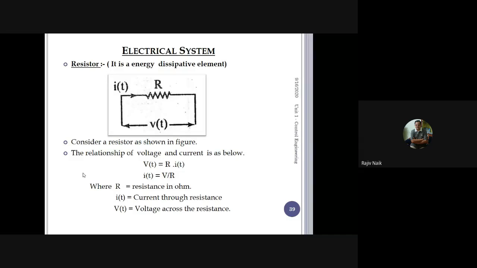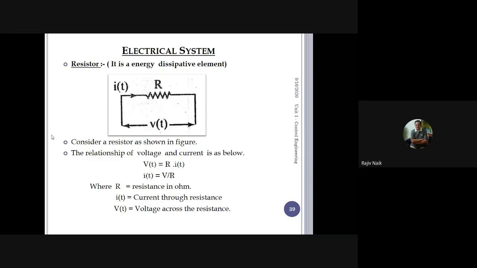So instead of Newton's laws of motion, here we are going to write the equations using Kirchhoff's law. Just like Newton's law, you have Kirchhoff's law, and it is exactly similar to Newton's laws of motion.